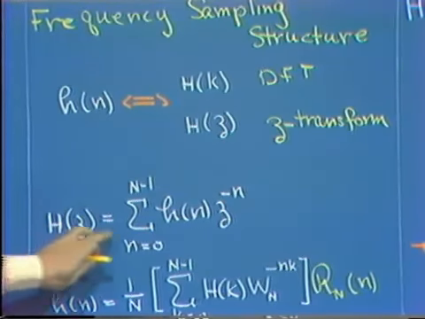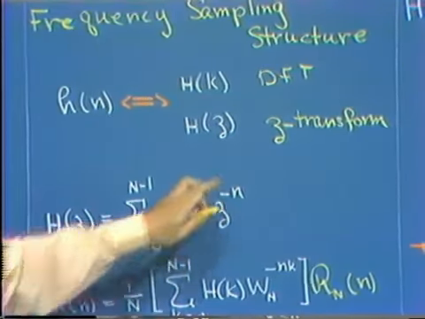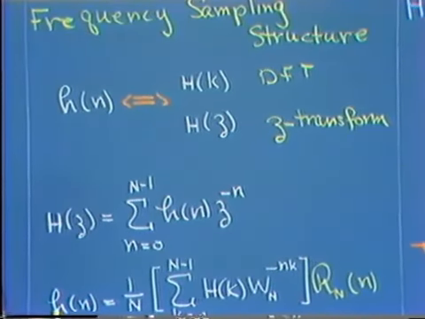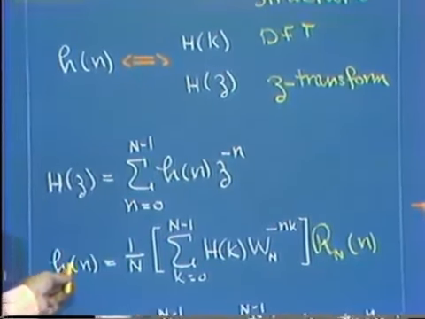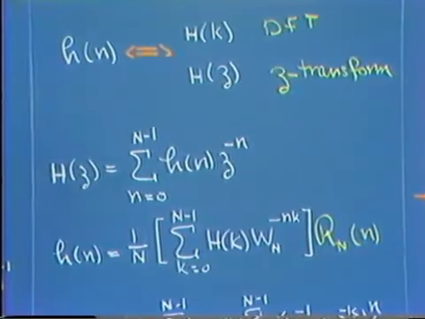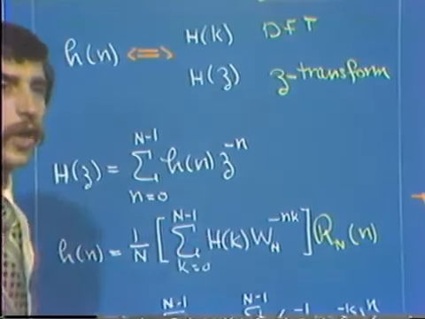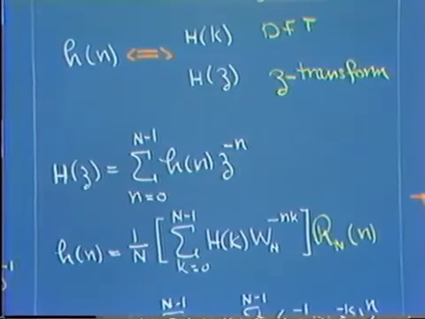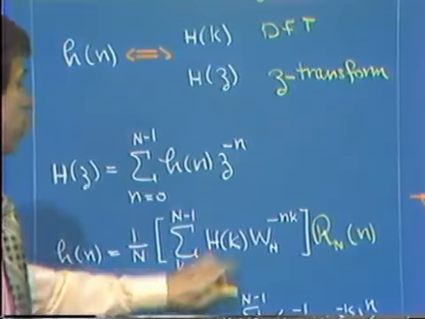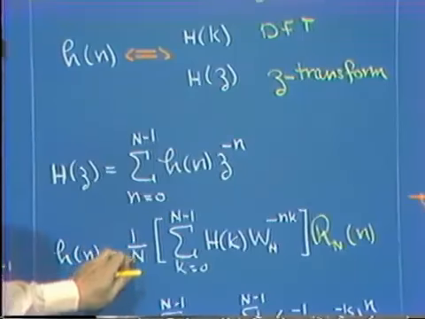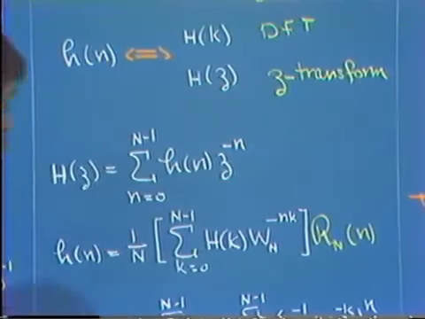The z-transform is the sum of h of n times z to the minus n, as it always is. And the unit sample response can be expressed in terms of the discrete Fourier transform coefficients as the sum of H of k, W sub N to the minus nk. We have the 1 over capital N out in front.